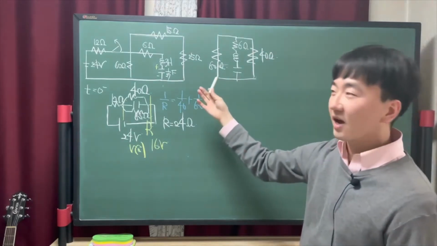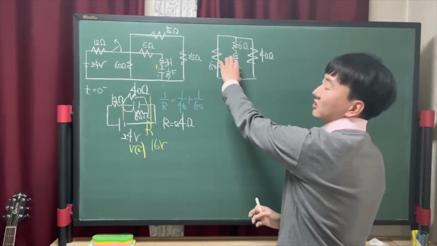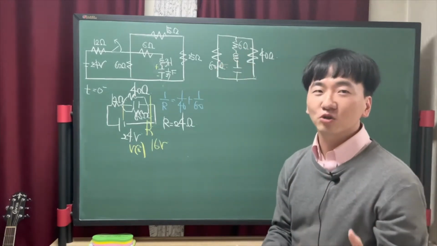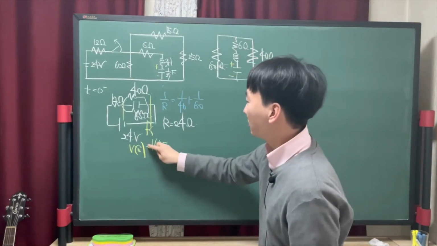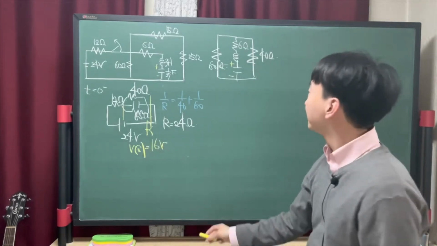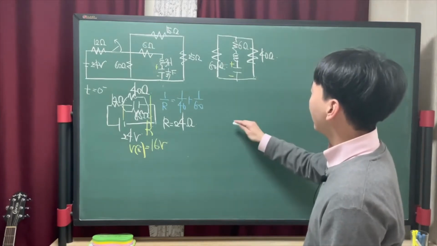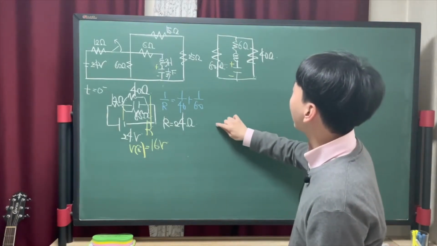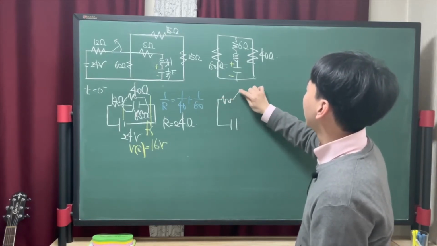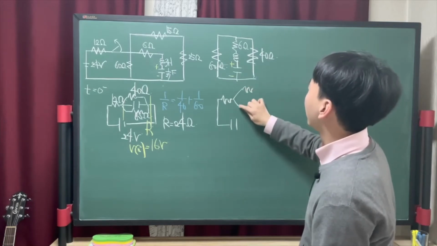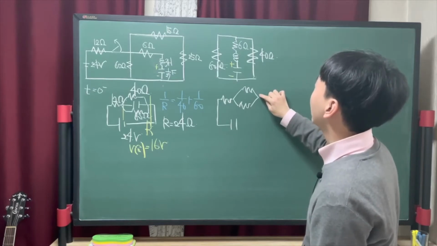This can be deformed as, well, the capacitor is now the charge source, the electric source, with plus and minus and 16 volts initially. So it can be redrawn as 6 ohms and 16 volts, 40 and 60, and the coil.